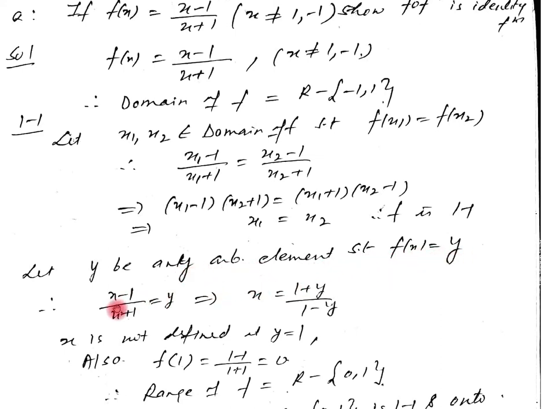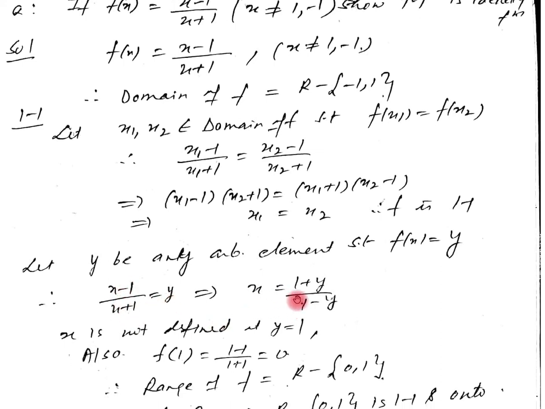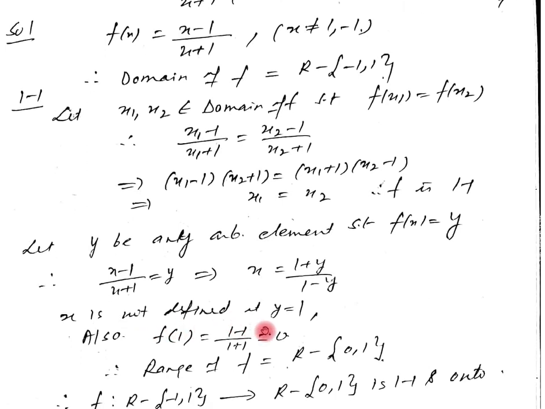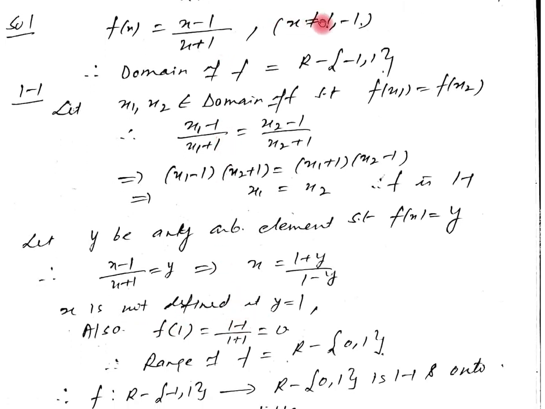This can be written as f(x) equal to y, meaning (x minus 1) upon (x plus 1) equal to y. Then we have to put x in terms of y. Now it is very clear y cannot be equal to 1, otherwise x cannot be defined. So x is not defined at y equal to 1. Also the function is not defined at x equal to 1, and f of 1 is what? 1 minus 1 upon 2, which is equal to 0.